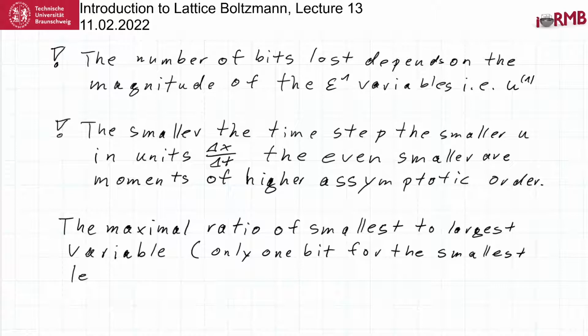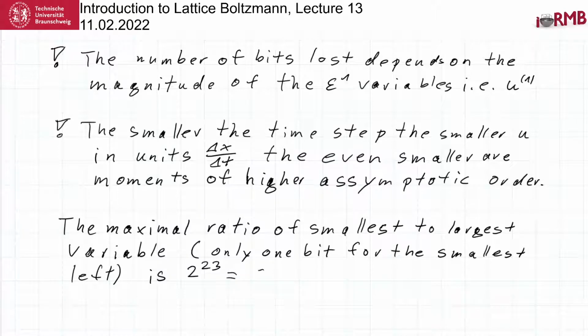So when we want to represent the smallest variable with only 1 bit, then the ratio between the largest and the smallest is obviously 2 to the power of 23. This means that the largest variable is 2 to the power of 23 times larger than the smallest variable, because we have 23 bits.